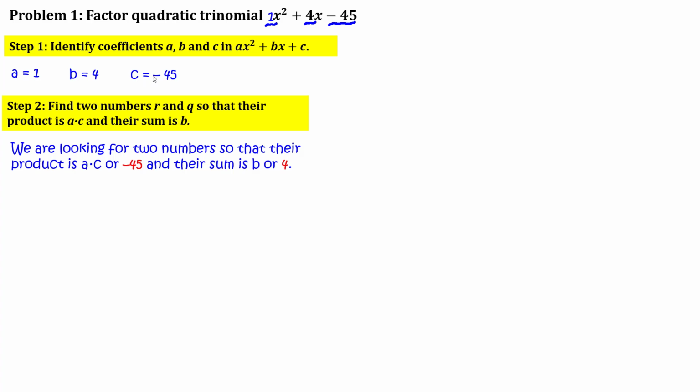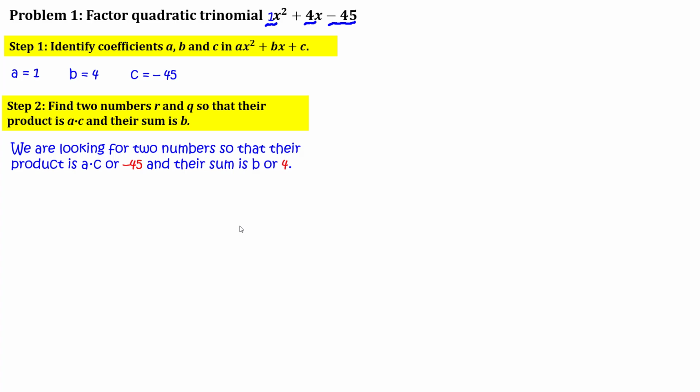A is 1, C is negative 45, so A times C is negative 45. So we're looking for two numbers whose product, you get negative 45, and their sum, or when you add them, you get 4. Okay, so they're called R and Q, but you can call them whatever you want.